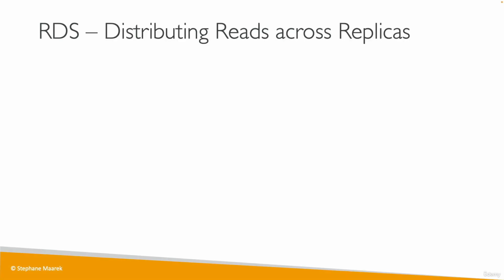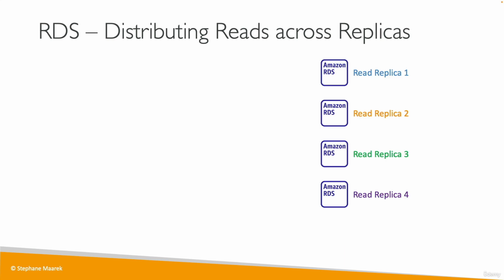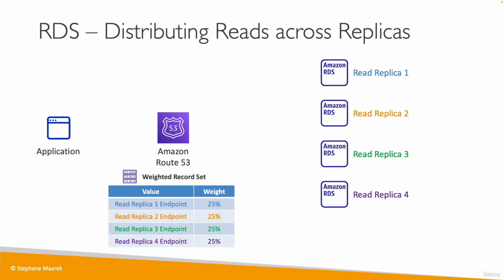Once you have read replicas, you may want to distribute the reads of your application. And to remove some application logic, we're going to use Route 53. Using Route 53, you can create a weighted record set. In this example, I set the weight of every read replica endpoint to 25%, but we can set it to whatever we want.